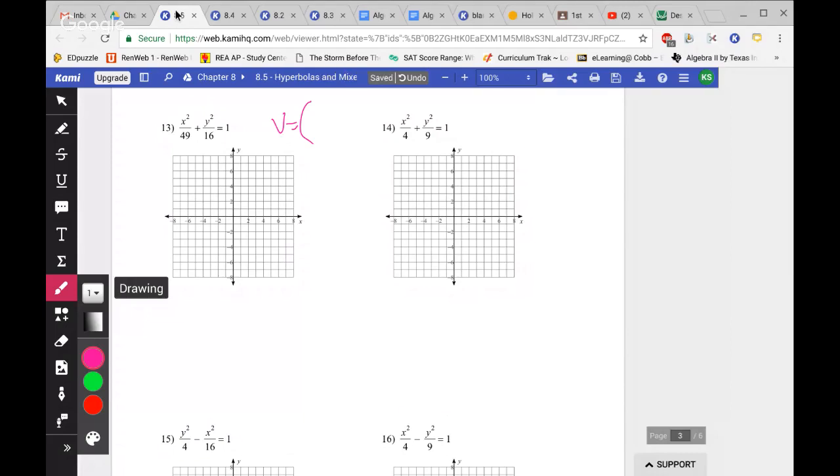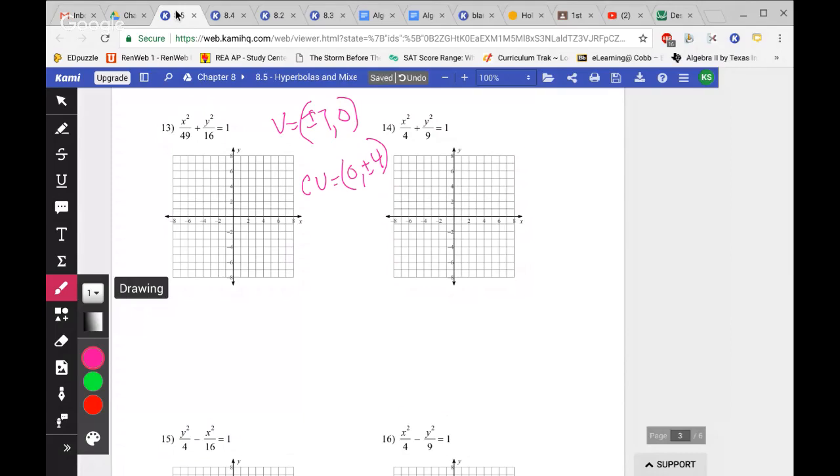So it's going to be my major axis. And the vertices are plus or minus 7, 0. The reason I know, once again, is that we're dealing with the origin, so it's going to be plus or minus 7 away from the center. That's how you know what the vertices are. The co-vertices are going to be plus or minus 4 in the y direction.